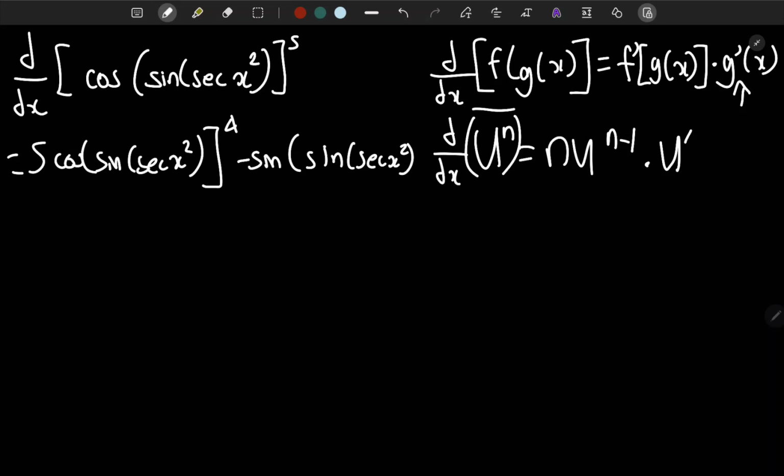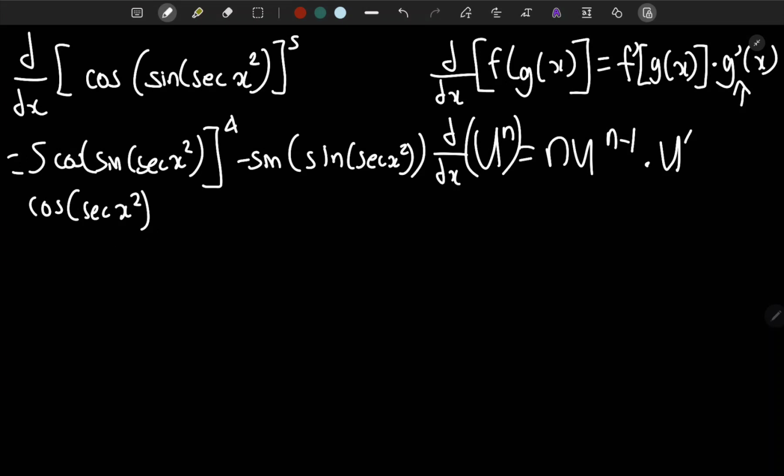And again we will use this formula again. So we keep looping until we are done with everything. I'm going to write it over here. So it's going to be cosine secant x squared, and that was our last loop.